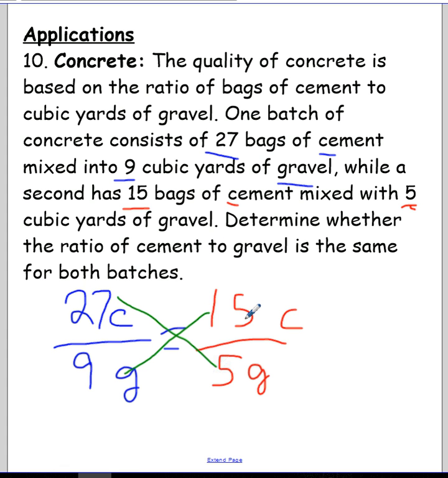So 15 times 9 is 135. And then 27 times 5 also gives us 135. So yes, they are the same. The ratios match.